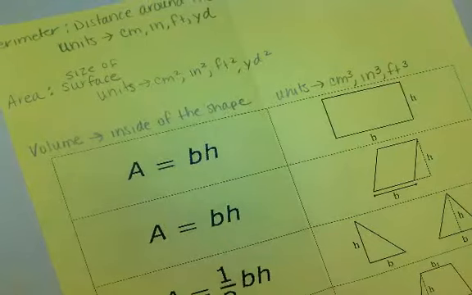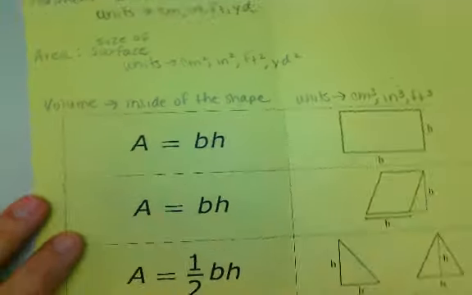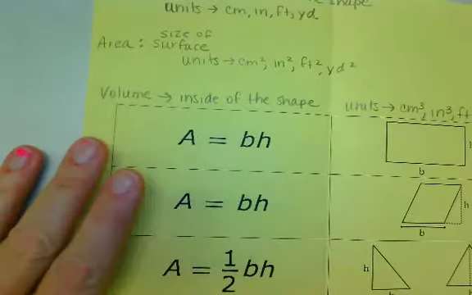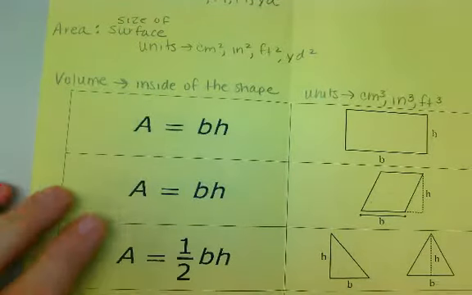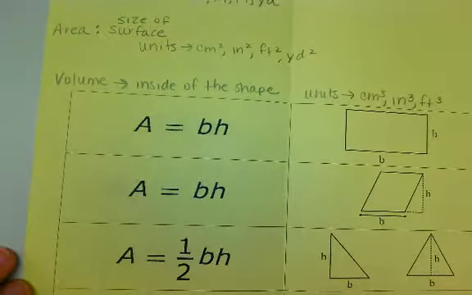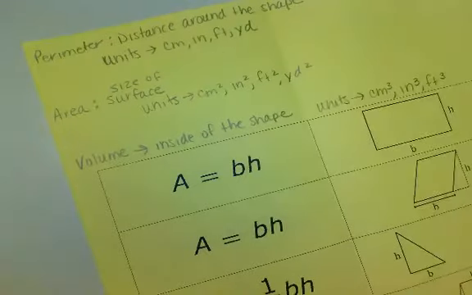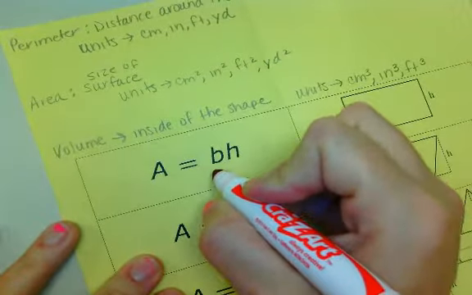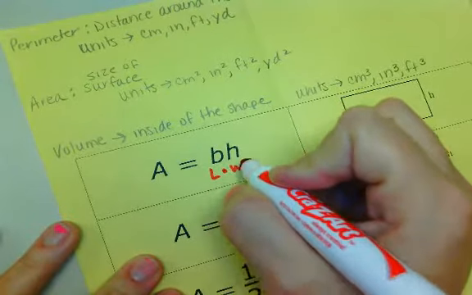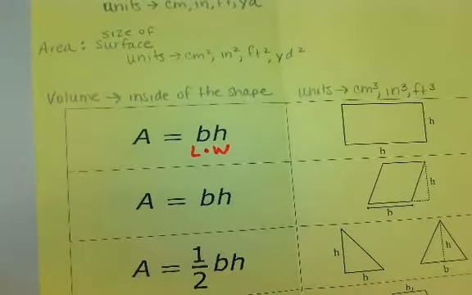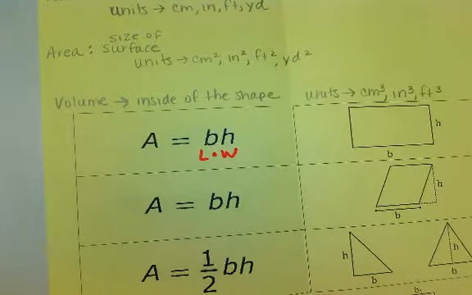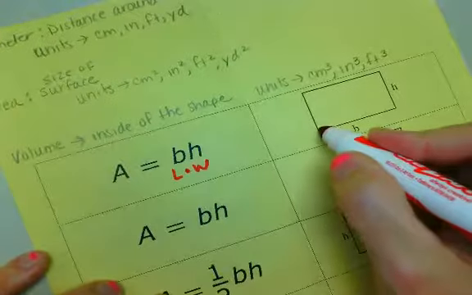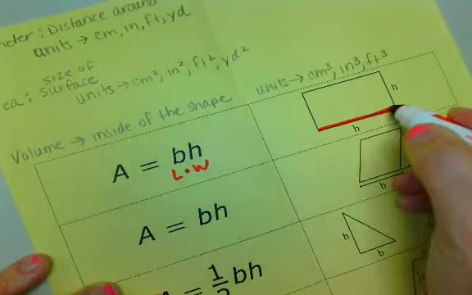Okay, so let's start with rectangle. And if you look, a rectangle, I'm sure you should know this by now, is base times height. You actually probably saw it as length times width, which is the same thing. So base times height. Our base is normally the bottom.